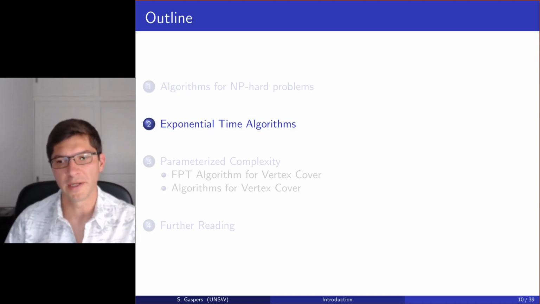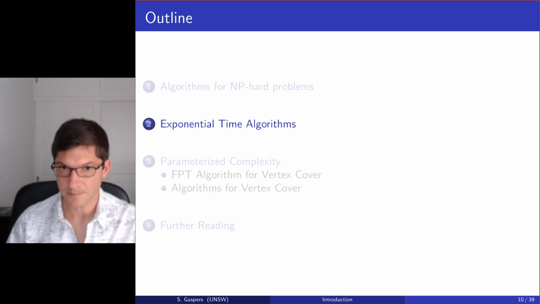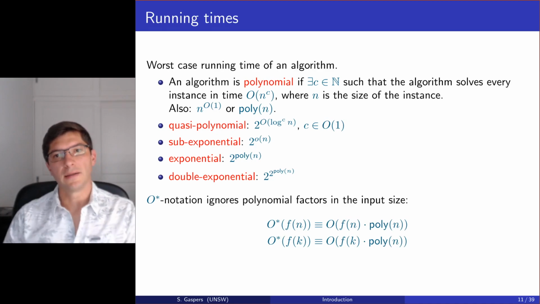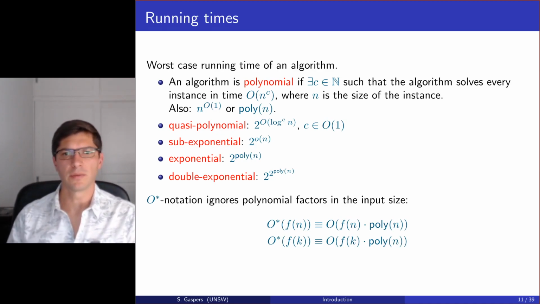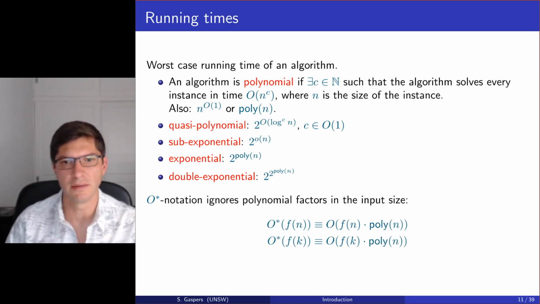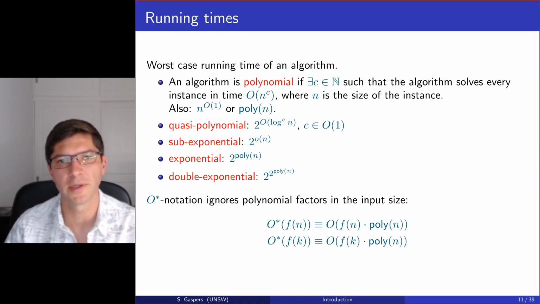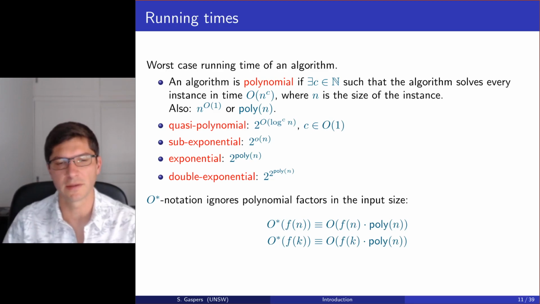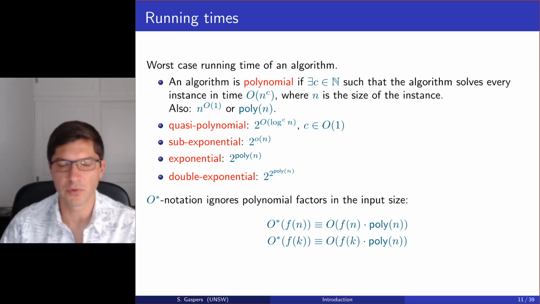Let's start with exponential time algorithms. And let's first make clear what we mean by exponential time, because we need to somehow make the difference between doubly exponential time, exponential, sub-exponential time, etc. So first, let's start with polynomial time. Those are algorithms that we know and love.